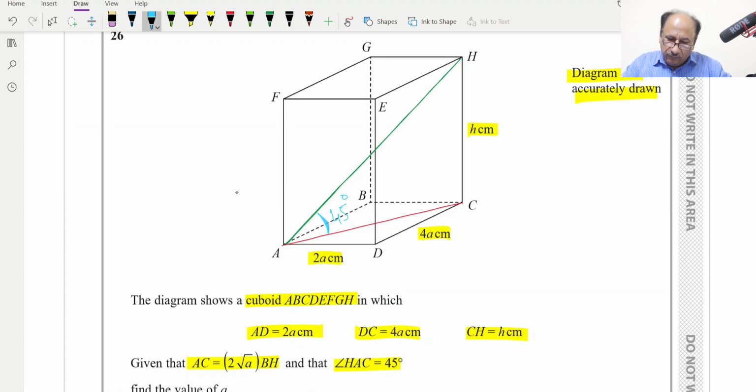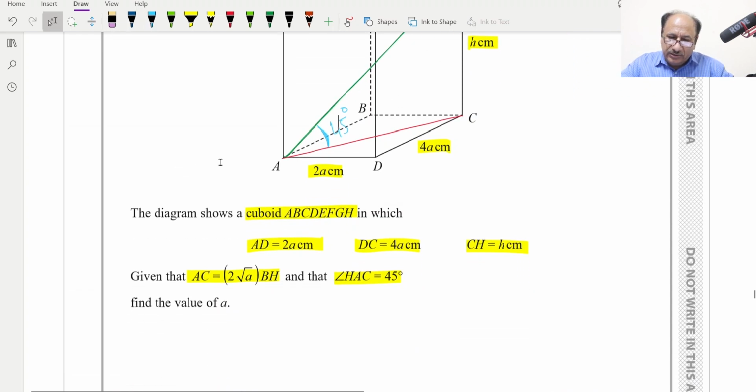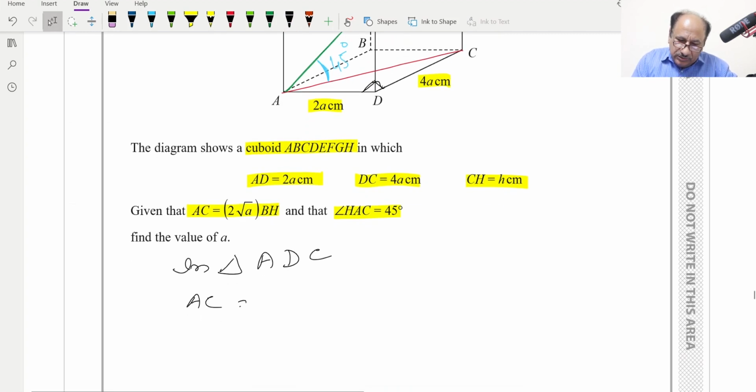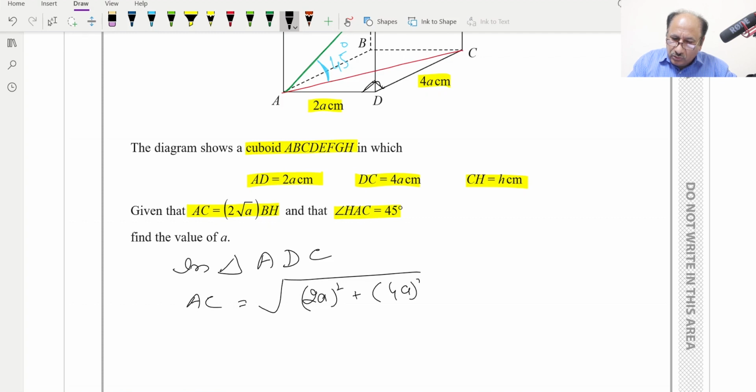Now first of all we will be finding AC, and to find AC we know this is a right angle triangle, so in triangle ADC, which is a right angle triangle, we will apply Pythagoras theorem. So AC is equal to the square root of 2A squared plus 4A squared.